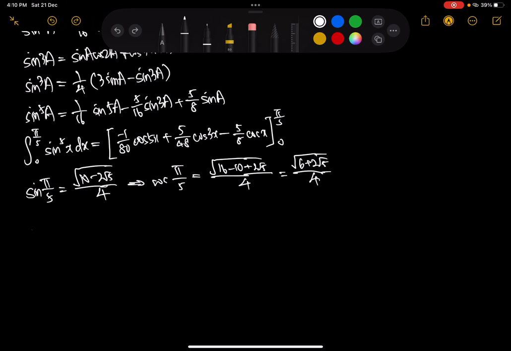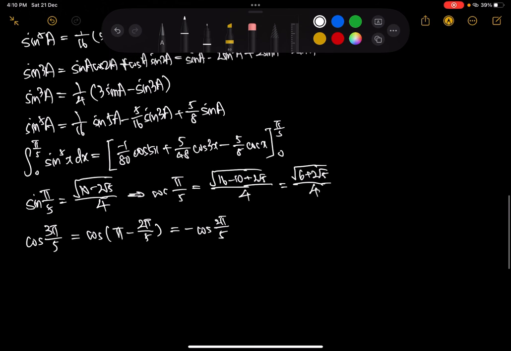So this is cosine 3 pi over 5 is cosine pi minus 2 pi over 5. So this is just negative cosine 2 pi over 5.